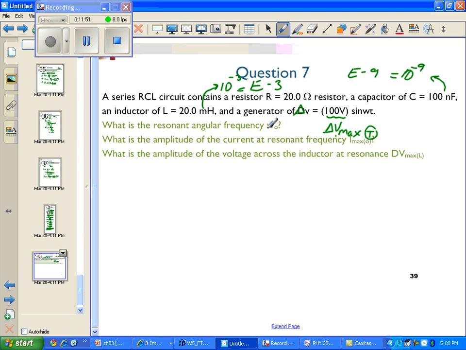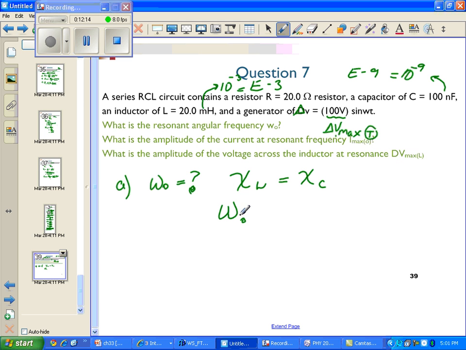The first question is, what is the resonant angular frequency omega naught? Well, here, in order to determine omega naught, we have to ask ourselves under what condition do we get resonance in the circuit? And of course the answer is when X_L is equal to X_C.